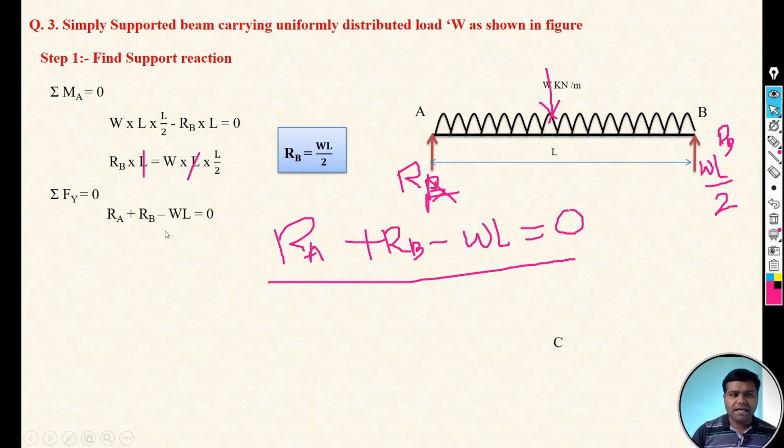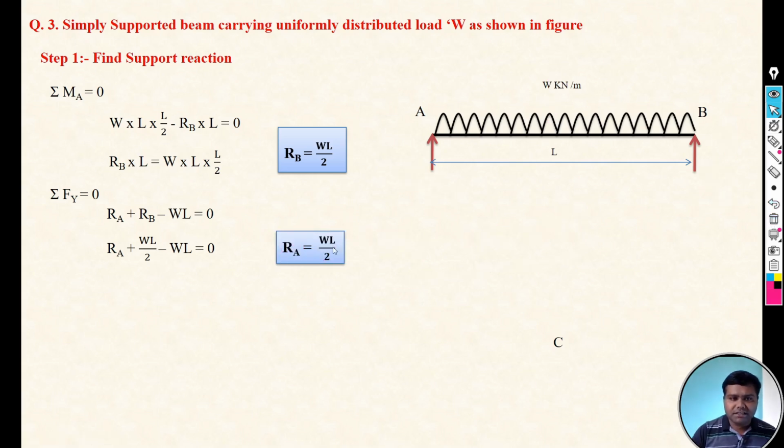So here we have Ra plus RB minus WL. RB we have already calculated as WL by 2, just put that value. So Ra plus WL by 2 minus WL. How will that come? Just take WL common.